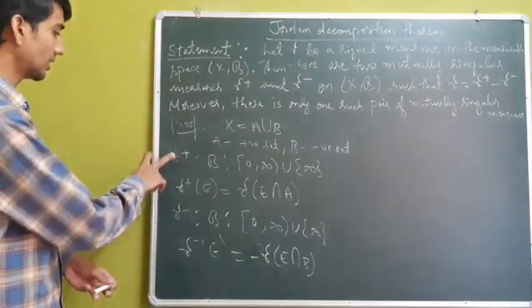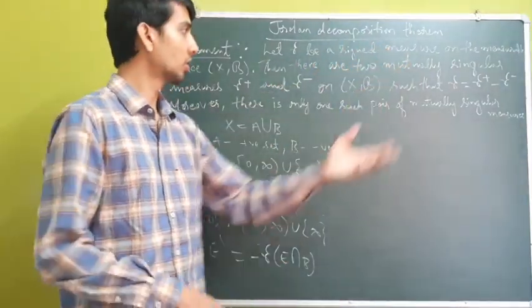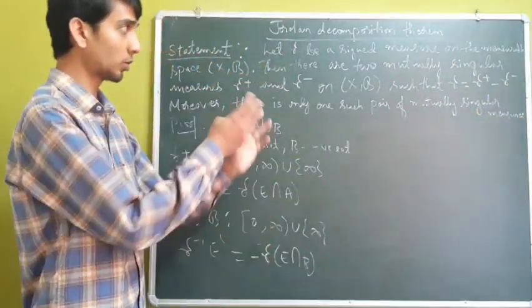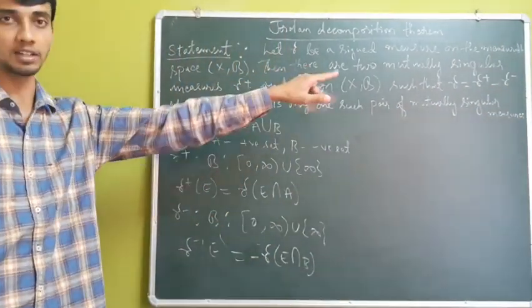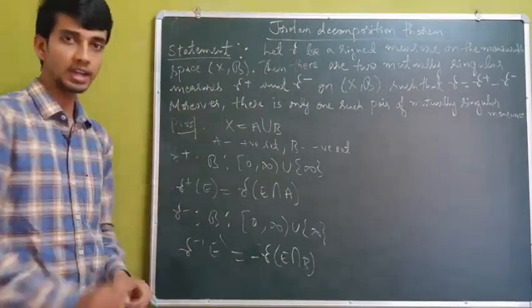Before proving that the positive part and negative part are mutually singular, and also that gamma is the same as the positive part minus the negative part, first I need to prove that these two are well defined measures.